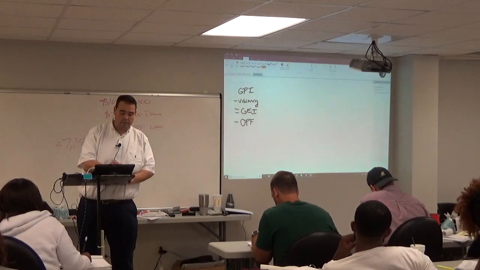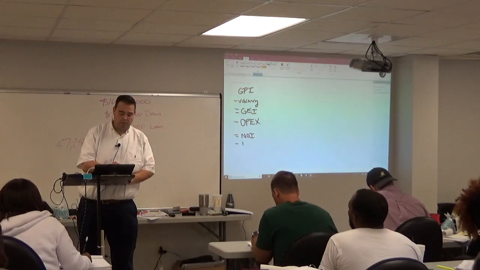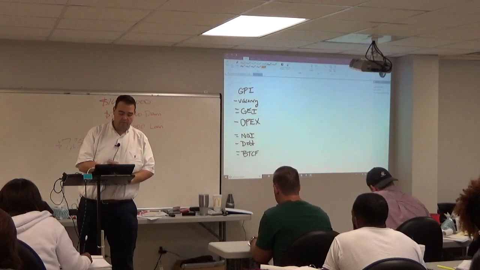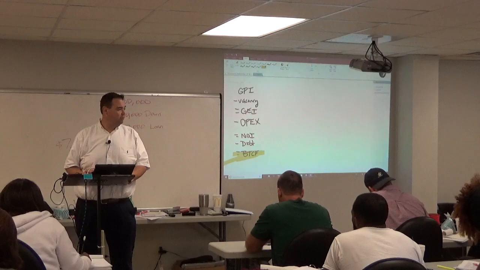Operating expenses. And that equals what? NOI. And of course, if we went minus debt, then that would equal before tax cash flow. And they want to know all the way down to the bottom. Is everybody okay on that?